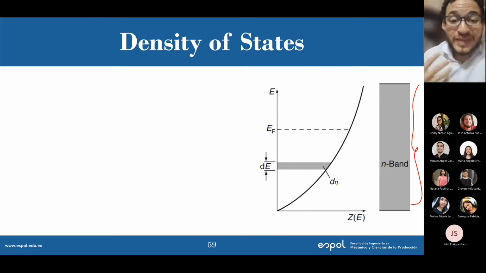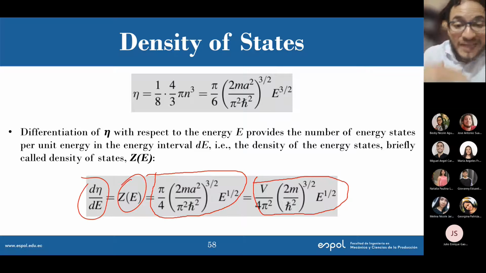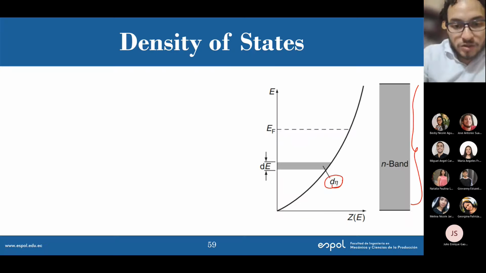That's basically the relationship between the energy and the density of states. In this little space is where you take the derivative. So the density of states is basically that small change of the number of energy levels in a small energy interval, so the change of this with respect to that.